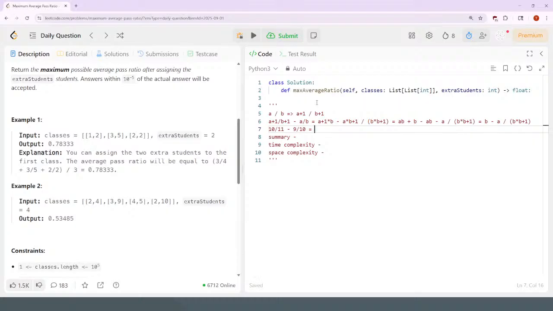So the answer should be, multiply the first one by 10 over 10, so it'll be 100. Multiply the second one by 11 over 11, so minus 99 over 110, so that'd be 1 over 110, which is B minus A, where B is 11 and A is 10.